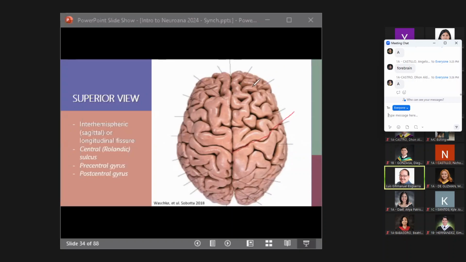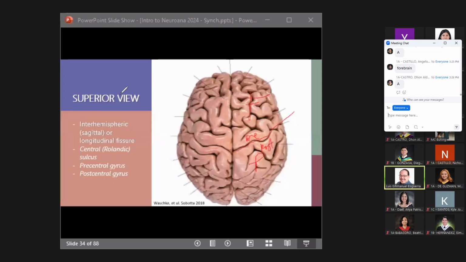So this would be frontal lobe, parietal lobe. Therefore, this is your pre-central gyrus and the post-central gyrus, anterior and posterior to the central sulcus.